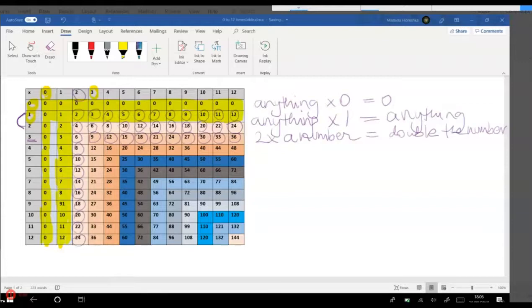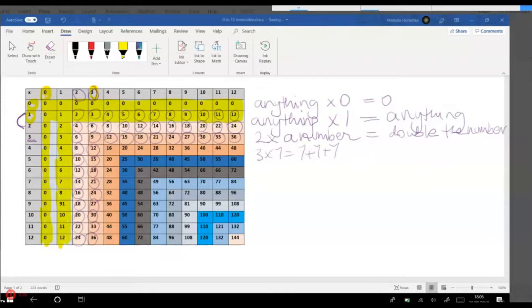So 7 add 7 is 14, and then add 7 is 21. And the same thing appears in this column as well, because we're multiplying by 3 here as well. So 3 times 7 is equal to 7, add 7, add 7.